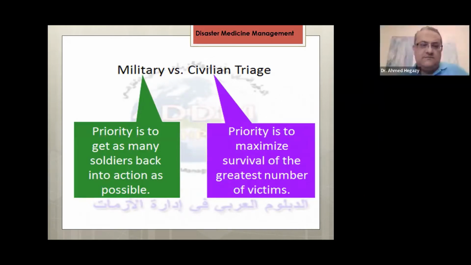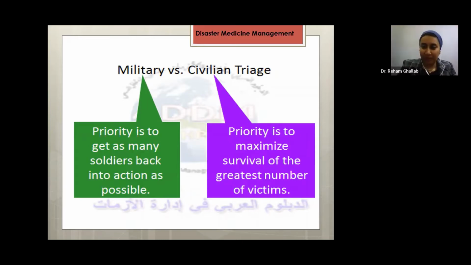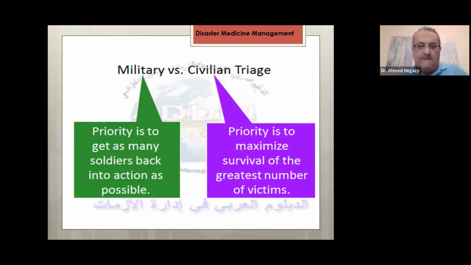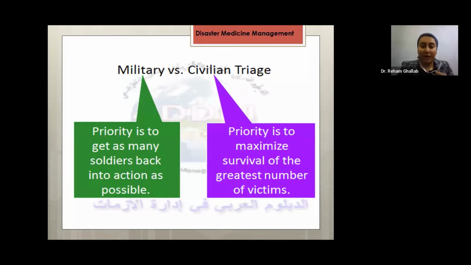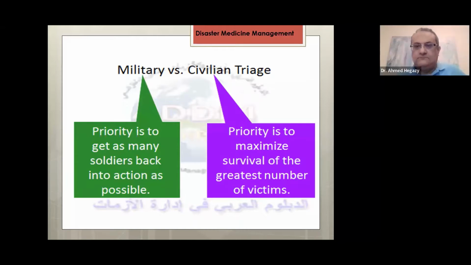The difference between military or civilian triage, okay? You can see it? Yeah, I can see from my side. Please, colleagues, if you have any difficulties, please raise your hand and ask us again, and anything you want, okay?